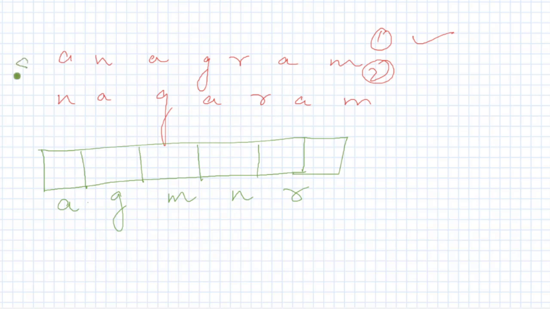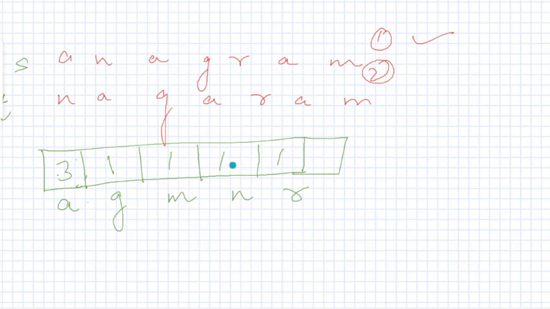For the first one, S, we'll traverse and increment as we get each alphabet. Like A, increment it, N, initially they are 0, increment it, again A, make it 2, G 1, R 1, A again, 3, and M 1. Once you have this final array with S, you'll move towards T and traverse it.